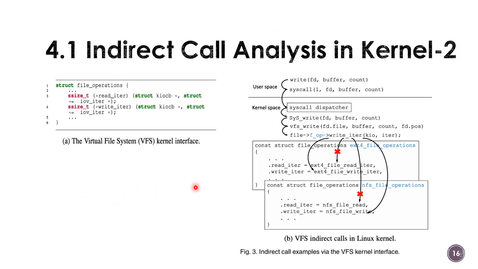So here we have two figures from the paper. The first one is A. You can see here a struct called file_operations, and it has two operations called read_iter and write_iter, which are function pointers. So it's literally two indirect calls.